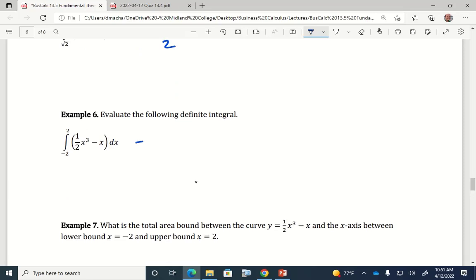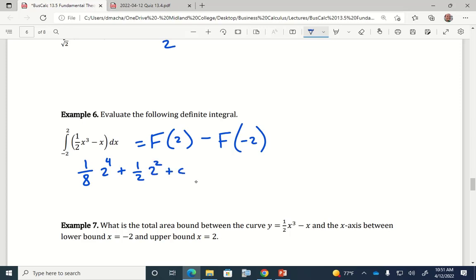So evaluating this particular definite integral is going to require my antiderivative function evaluated at 2 minus my antiderivative function evaluated at negative 2. And so this would be 1/8 times 2 to the 4th power plus half times 2 squared plus c, minus 1/8 times negative 2 to the 4th power plus 1/2 negative 2 squared minus c.